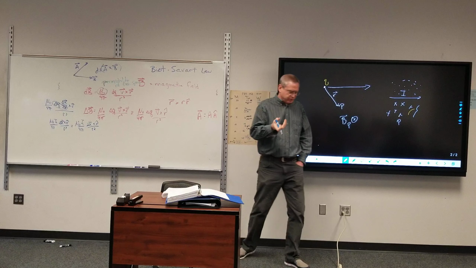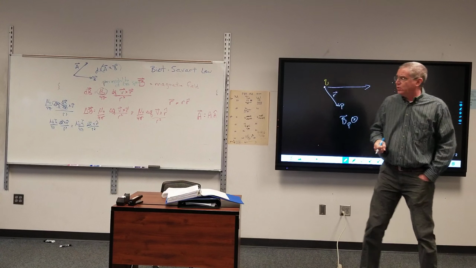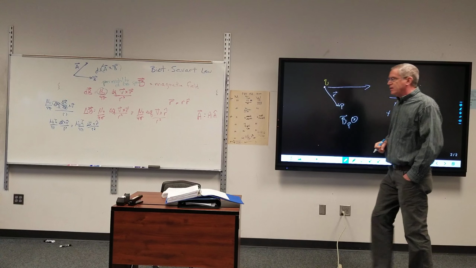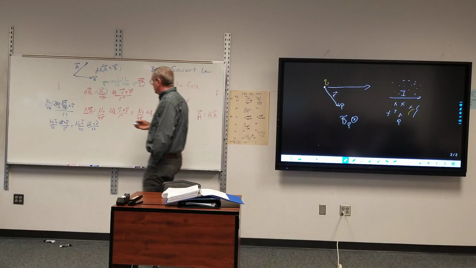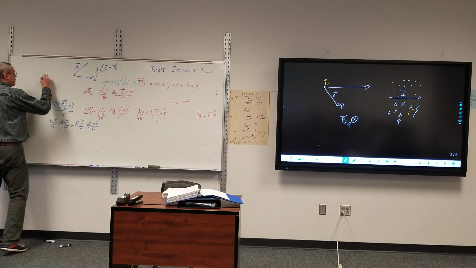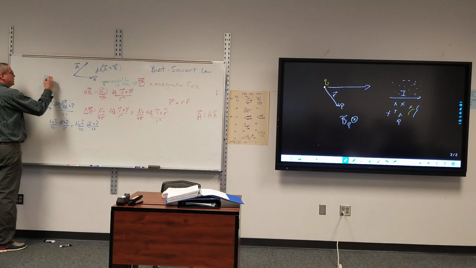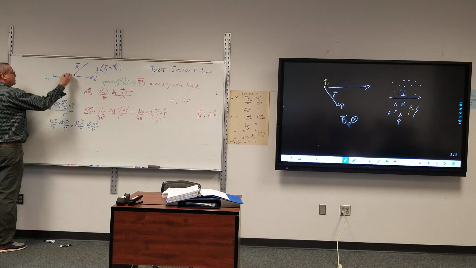The sub-zero is the free space aspect of it. Mu is just permeability. It has an exact value. Mu sub naught is equal to 4 pi times 10 to the negative 7th Tesla meters per ampere.